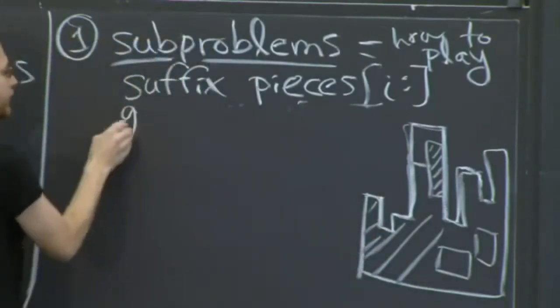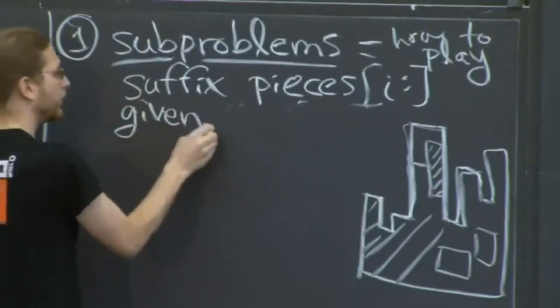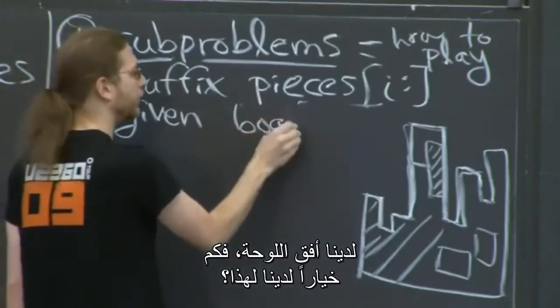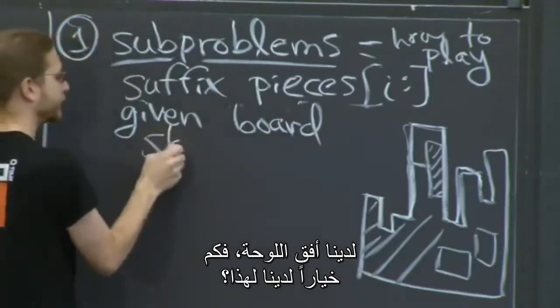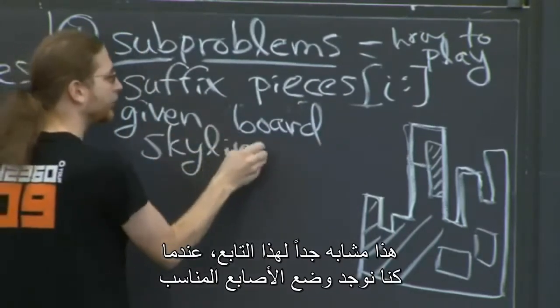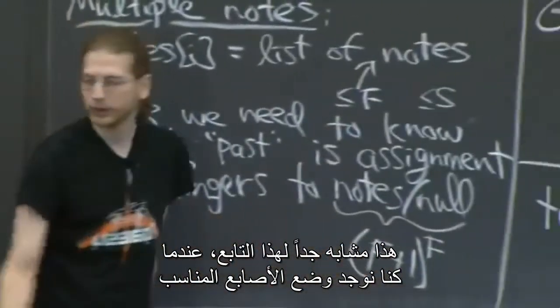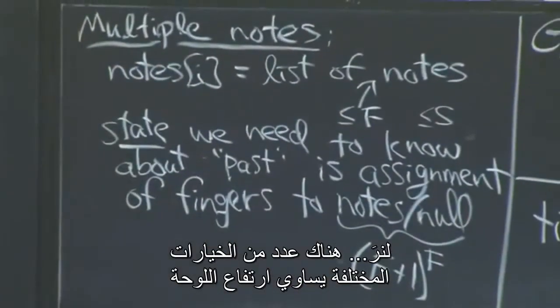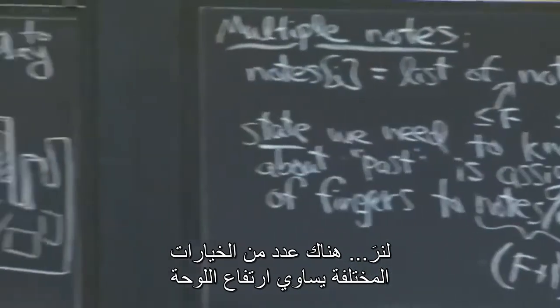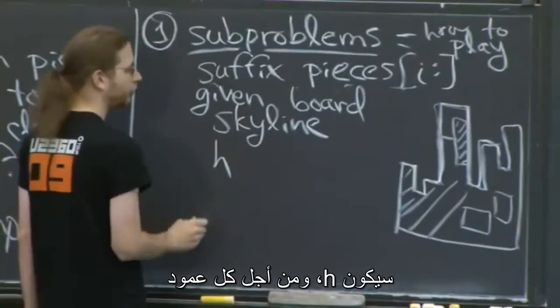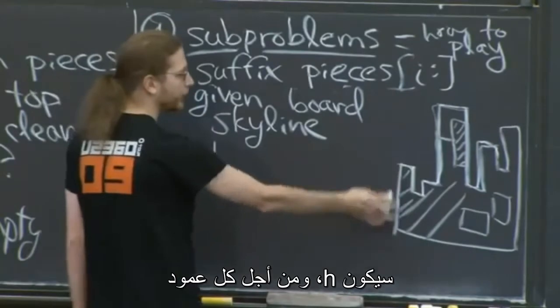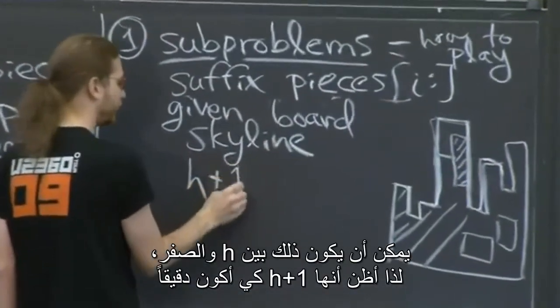Okay, so all I need to remember is how high is each column. So I should say, given the board skyline, how many choices are there for that? It's quite similar to this function for fingering. There's the height of the board, different choices. For each column, it could be anywhere between 0 and h, so I guess h plus 1.